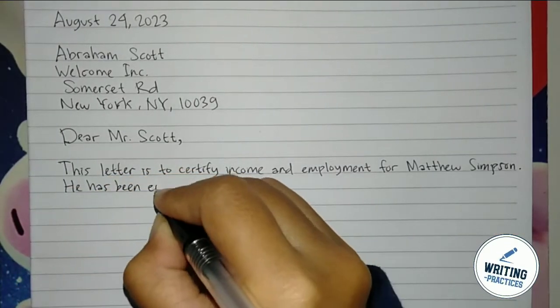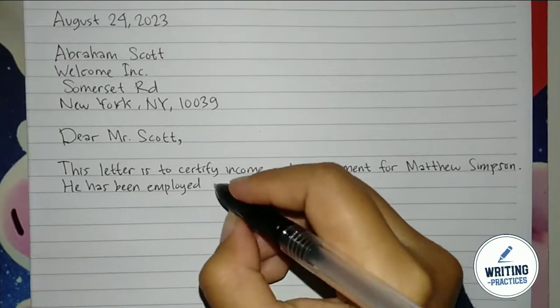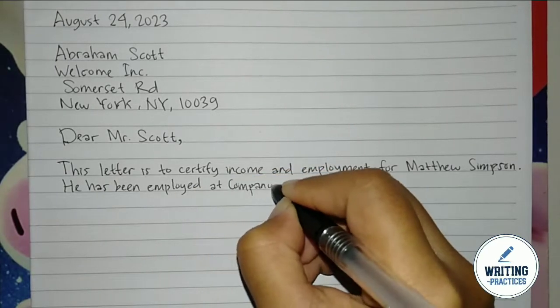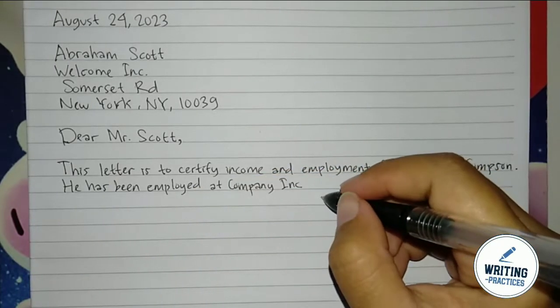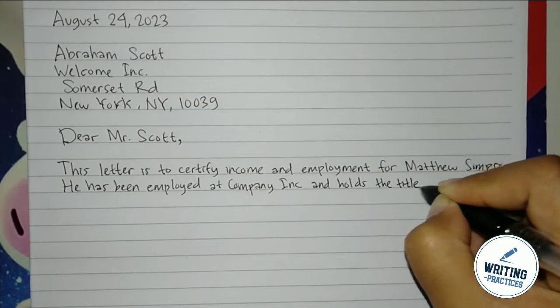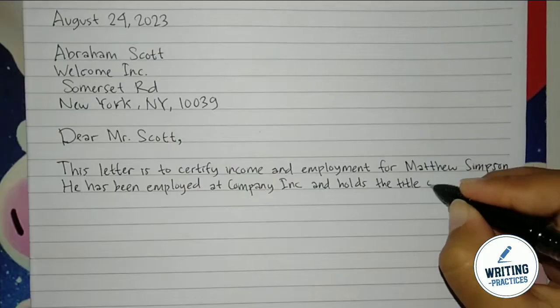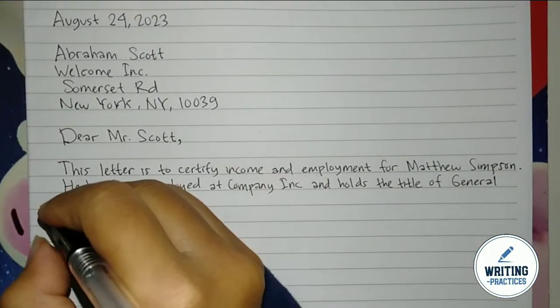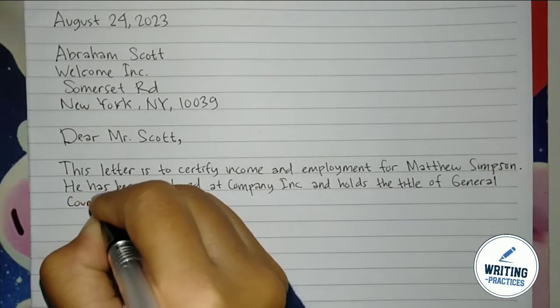And then, you write that the person is an employee of a company. And mention the name of the company or organization. And also, mention the title or job position or occupation in the company.